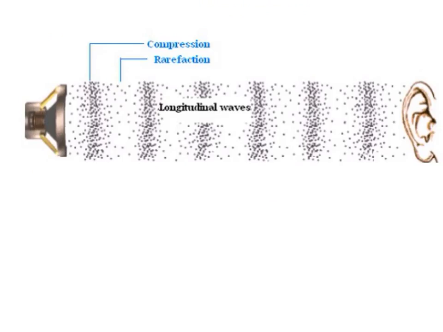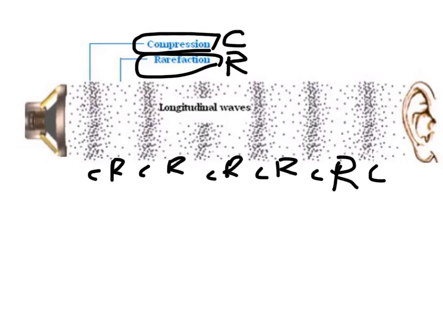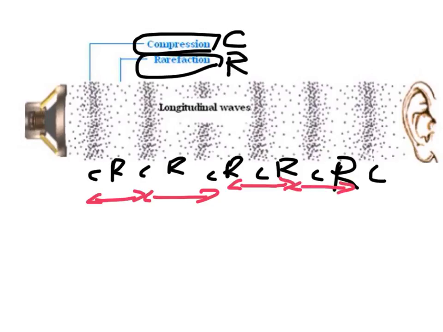Notice that for a longitudinal wave, there are compressions and rarefactions, C and R, and the separation between successive compressions or successive rarefactions is the wavelength of the wave.